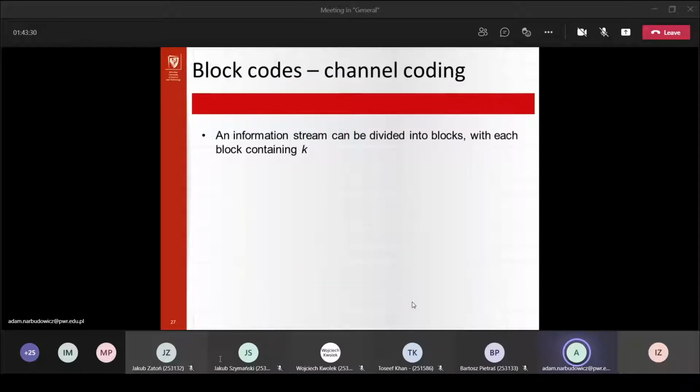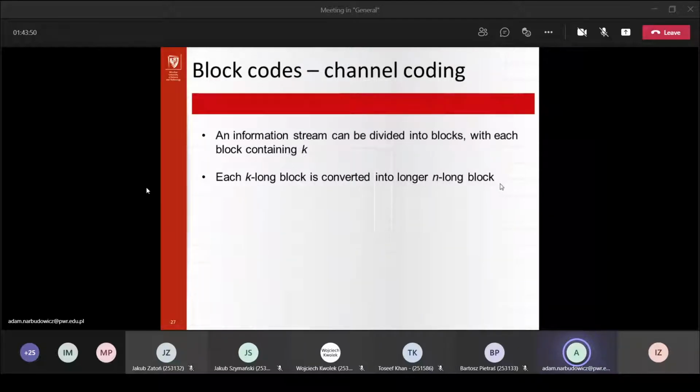Let's say each block contains k symbols, or k bits, or whatever it is. Then the k-long block is converted into longer blocks.